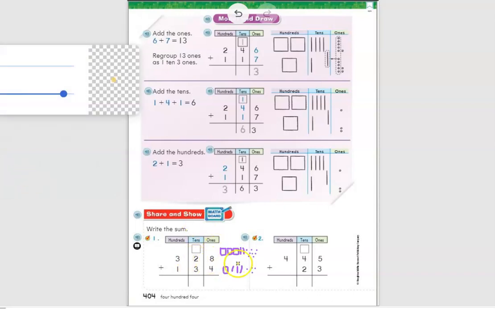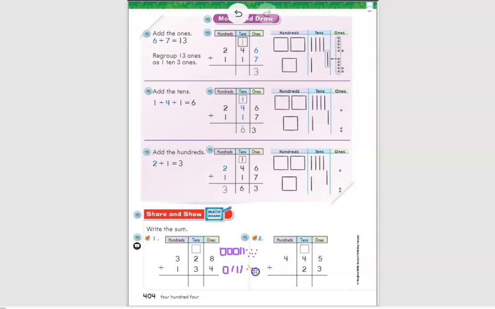Yep. All right, so I'm looking to make 10. So I have 8, which means I need to grab 2 more over here, because 8 and 2 makes a 10. So once I make that 10, then I bring another 10 over here. So that gives me how many ones left over? Very good, 2 ones left over.